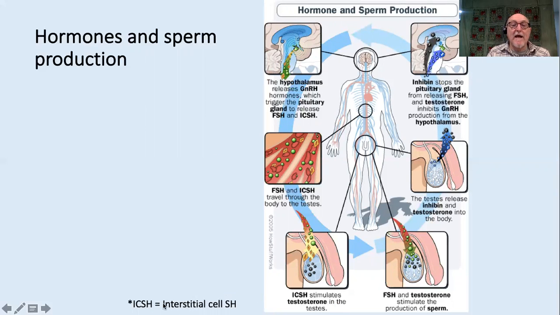Here you will see it called ICSH, interstitial cell stimulating hormone. It's luteinizing hormone. It's the same thing. It's just that in the male, it's given a different name, interstitial cell stimulating hormone. And interstitial cell stimulating hormone stimulates cells of the testes which release testosterone. So the testosterone together with follicular stimulating hormone causes the production of sperm. The same two hormones in the male operate to produce sperm and testosterone. In the female, they govern the menstrual cycle.